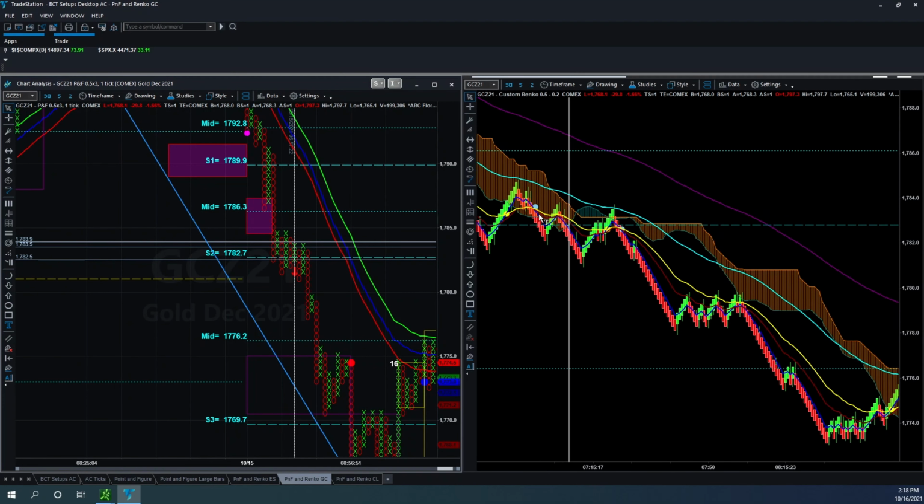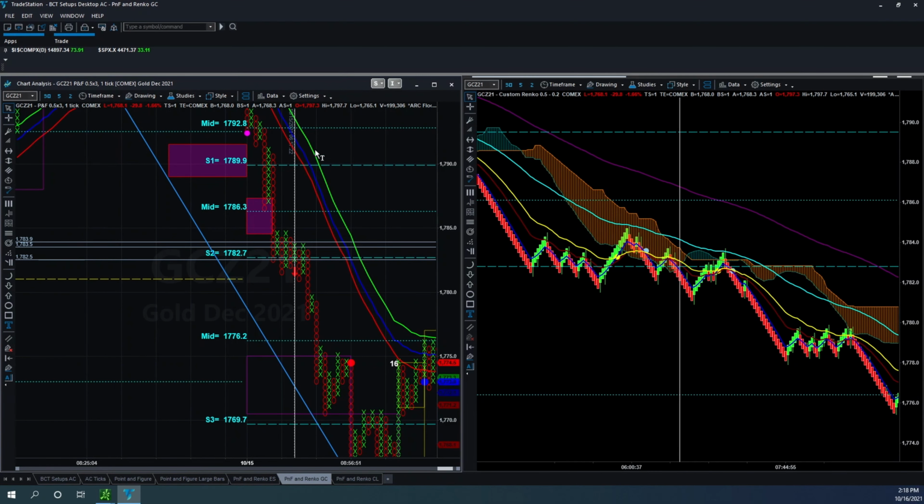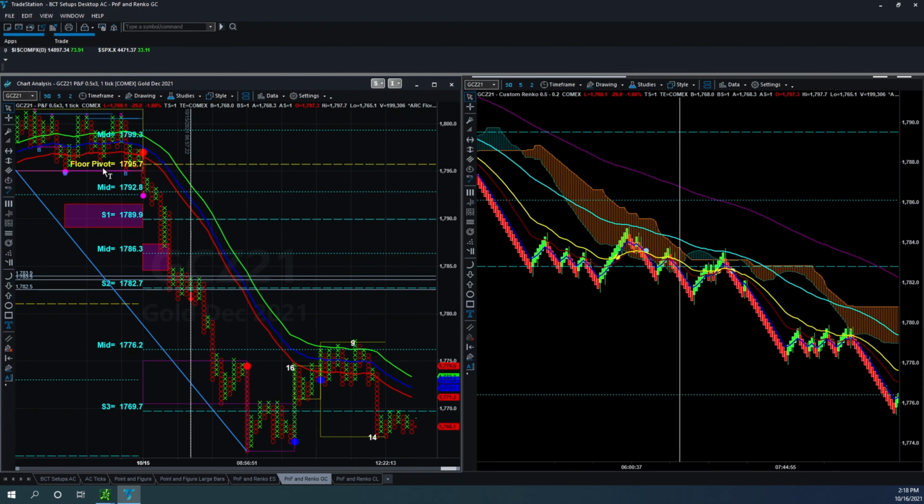And in this area where was the congestion, right? So we had the move from this area overnight to 7 a.m., and then it started to consolidate here, which is this area right here, and then moved down and actually exploded in this Renko chart here.